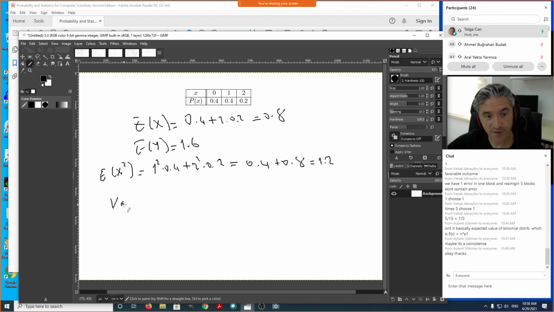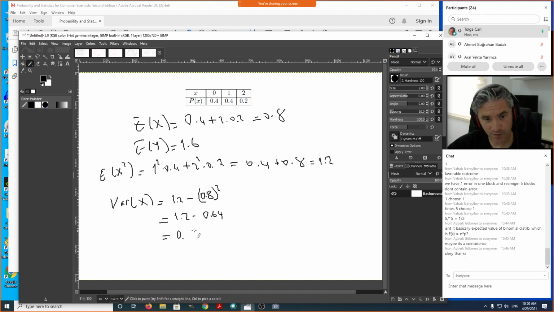So the variance of x, on the other hand, is going to be 1.2 minus 0.8 squared, which is going to be 1.2 minus 0.64, which is going to be 0.56, right?